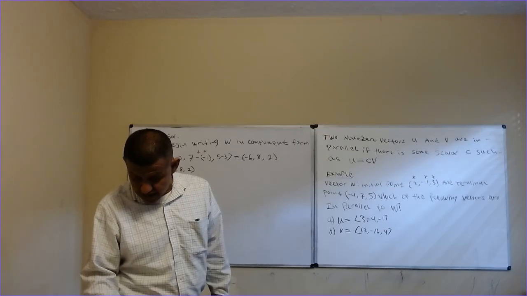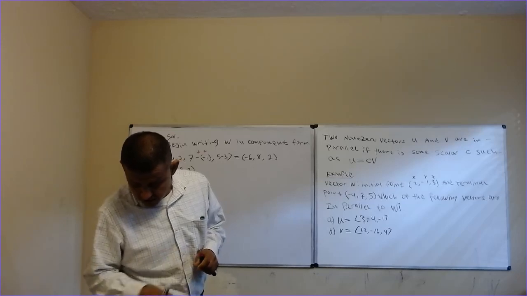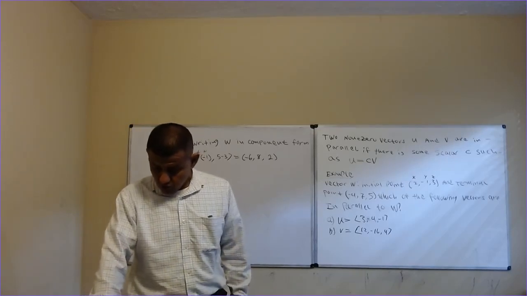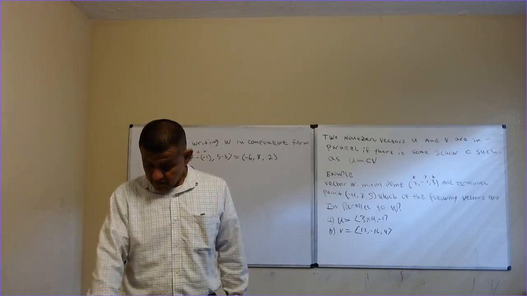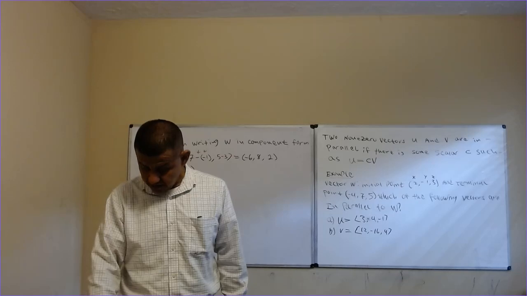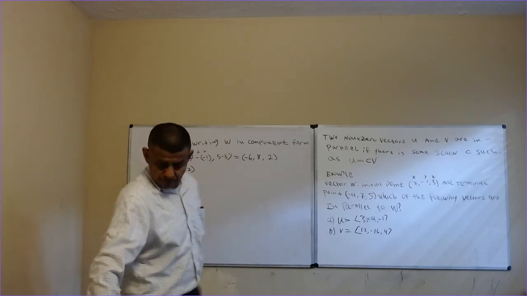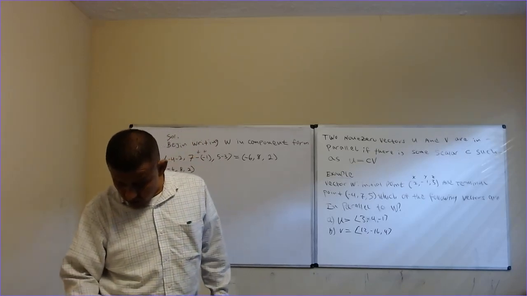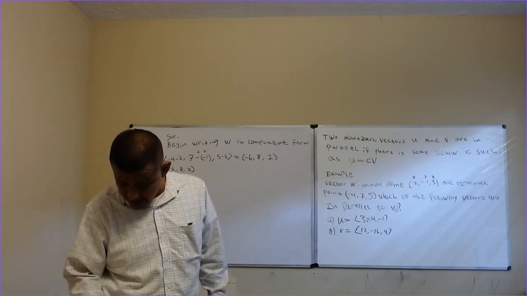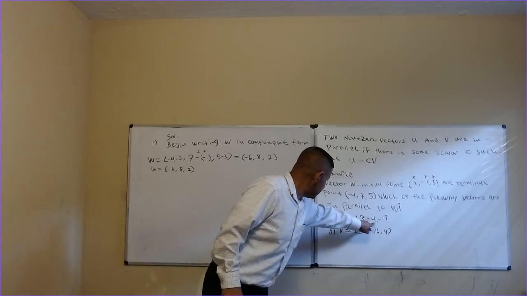U is 3, negative 4, and negative 1. 3, negative 4, negative 1, right? So we got that.